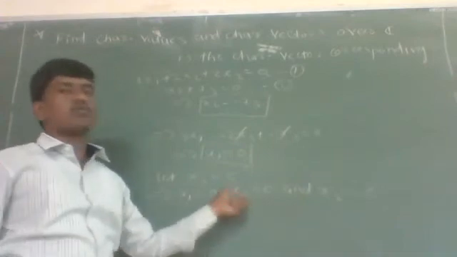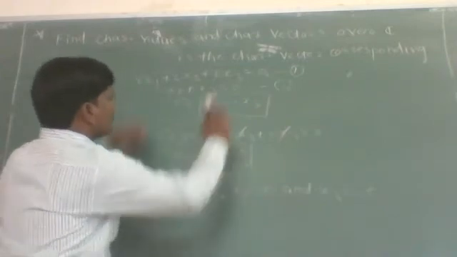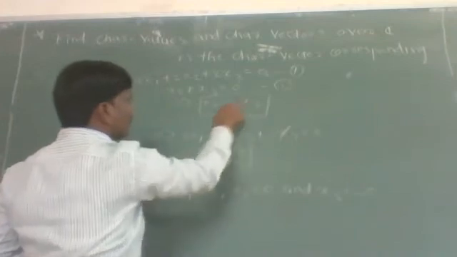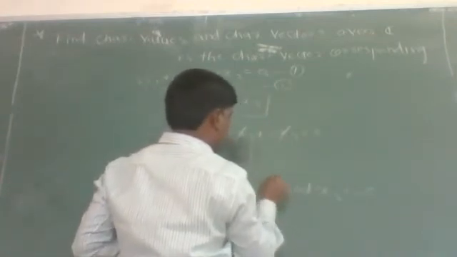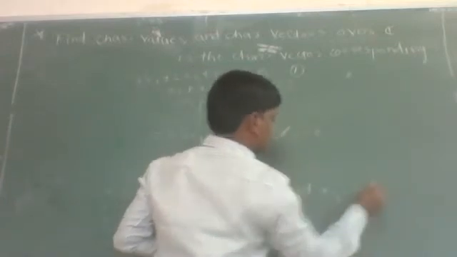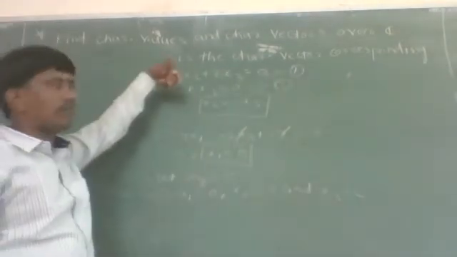Either we get x2 equal to minus c and x3 equal to c, or x2 equal to c and x3 equal to minus c. For your convenience, let us take x3 equal to c. Then x2 is nothing but minus of x3, so x2 is minus c and x3 is plus c. So now we get the characteristic vector corresponding to eigenvalue 1.